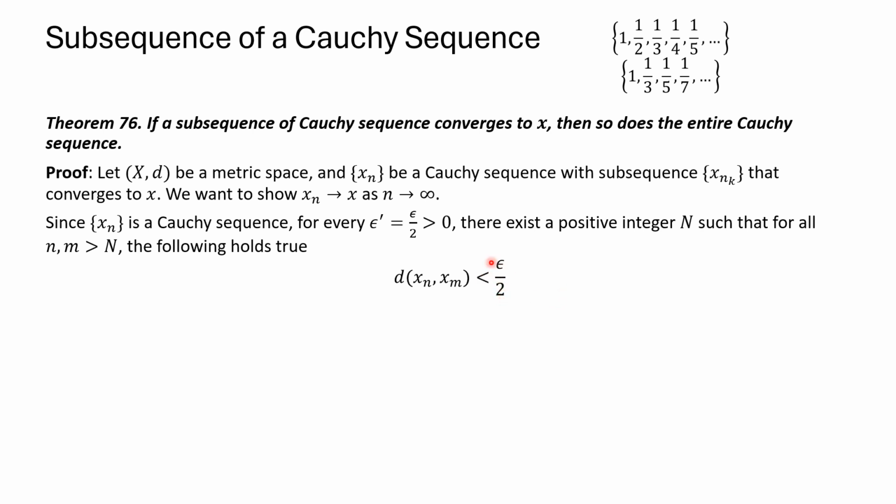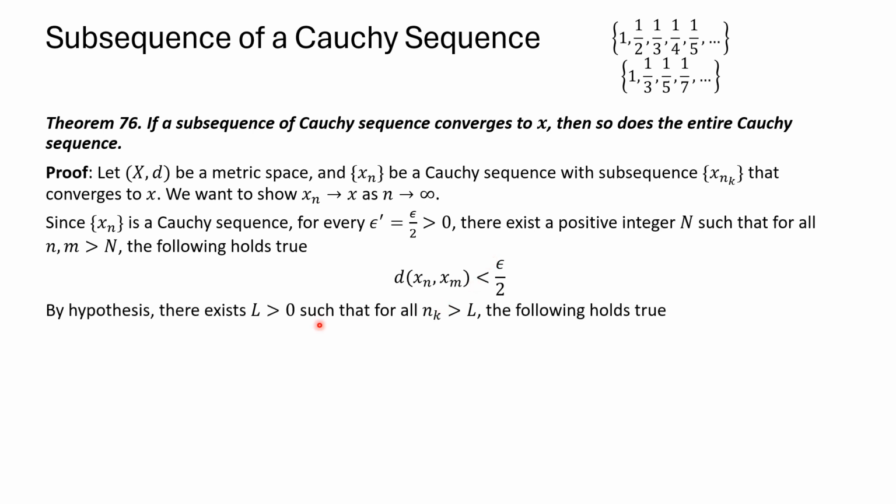Okay, so that's by definition of a Cauchy sequence. Then by hypothesis, there exists an L greater than 0 such that for all n sub k greater than L, the distance between x sub n sub k and x is less than epsilon over 2. That's because we said that this subsequence converges to x.